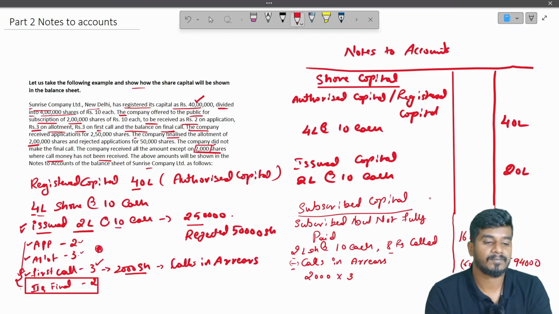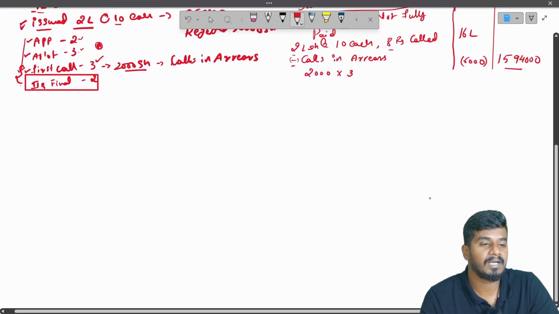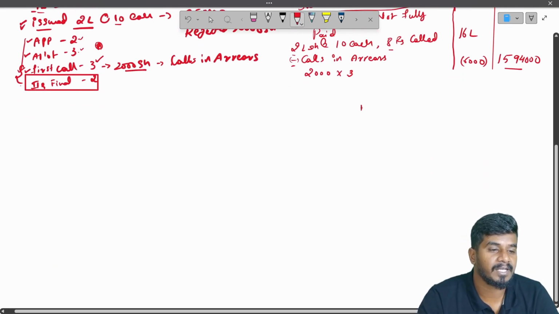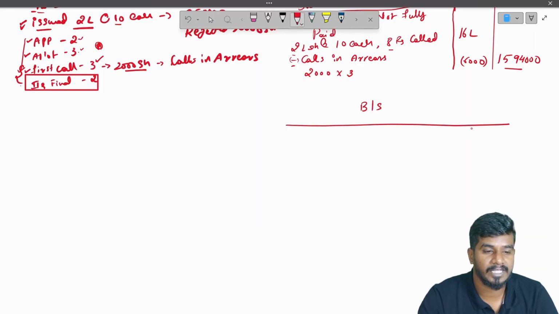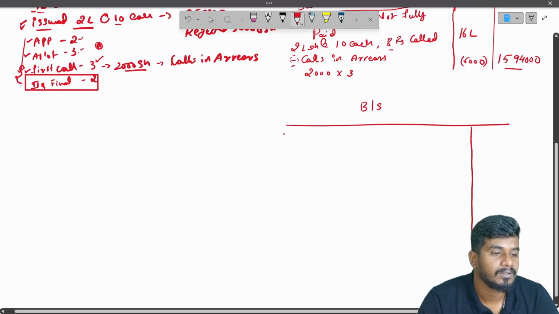So how can we show it in the balance sheet? Let us prepare the balance sheet also. The T column balance sheet is not there, right?